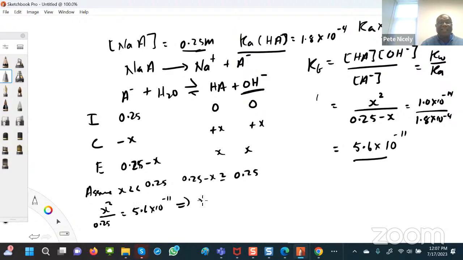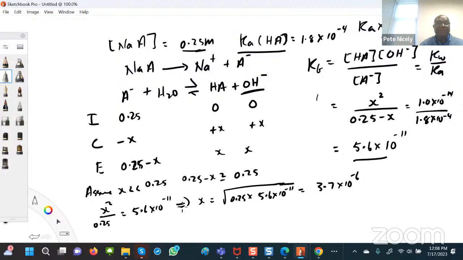So X will be equal to the square root of 0.25 times 5.6 times 10 to the minus 11. Let's see here, 5.6 times 10 to the minus 11 multiplied by 0.25, and then I find the square root of that. And the value I got for X in this case is 3.7 times 10 to the minus 6.